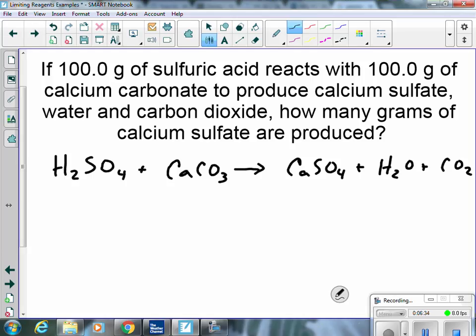Well, I'm going to start with, and it doesn't matter, but I'm just going to pick H2SO4. Could I have done the exact same thing and picked calcium carbonate? Yeah, I could have. I just randomly picked H2SO4.